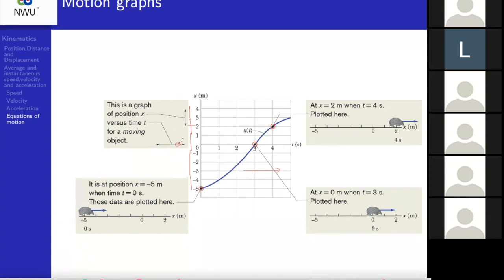Okay, means you are here, okay? You are there. So where's the porcupine at t equal to 0? There. Right? When t equal to 3, where's the porcupine? There. When t equal to 4, where is it?